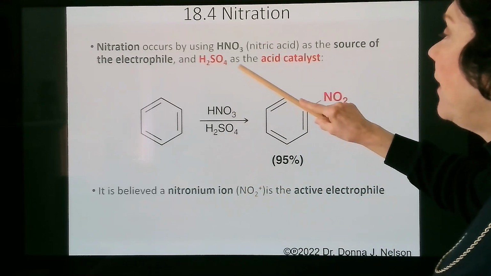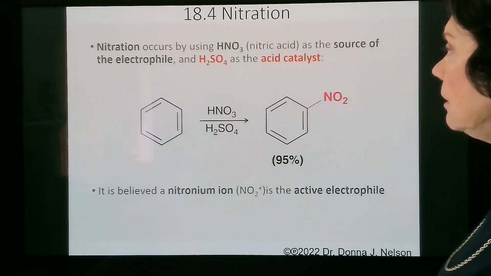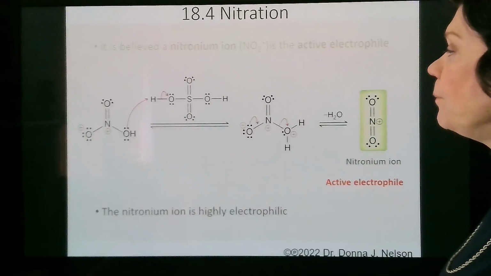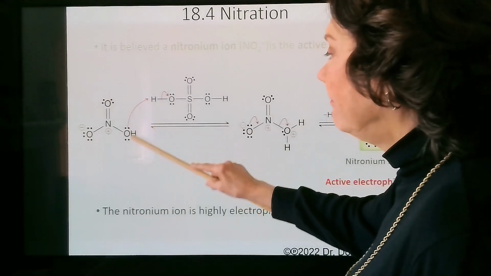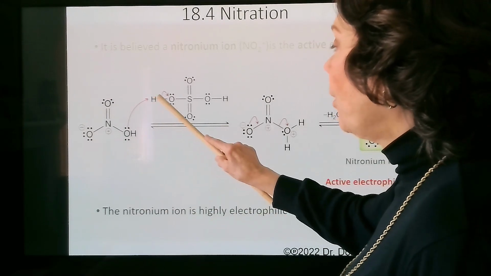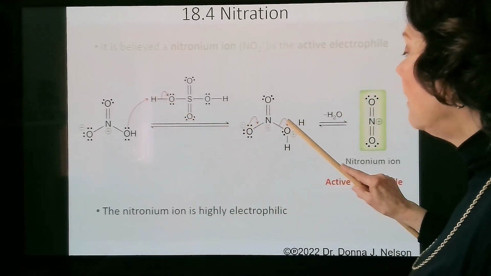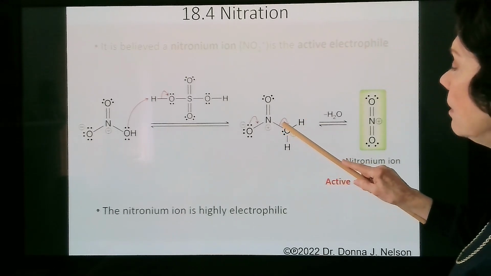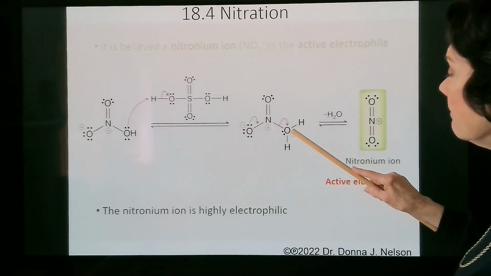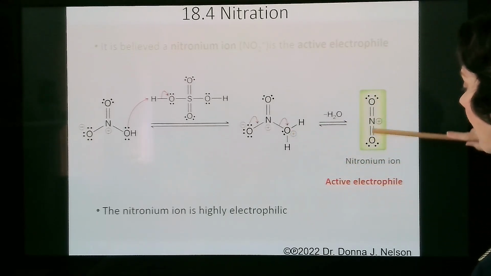So the first step that happens is the nitric acid is protonated. So here we have nitric acid. It's protonated by sulfuric acid. So now you have the oxonium ion here. And so you're going to lose water. And when that happens, you get the nitronium ion.